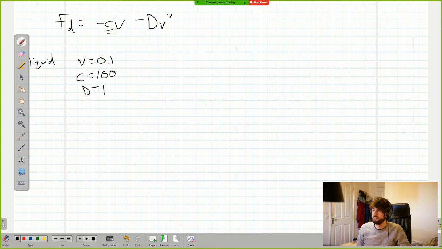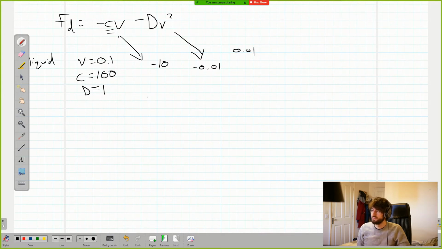Then if you look here, minus 100 times 0.1 is minus 10. Then this is minus 1 times 0.1 squared, which is 0.01. Right, so this is just 0.01.